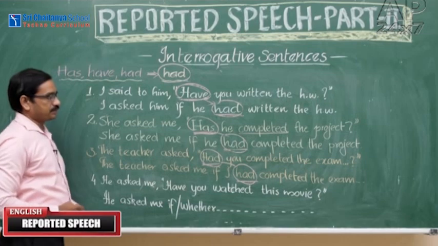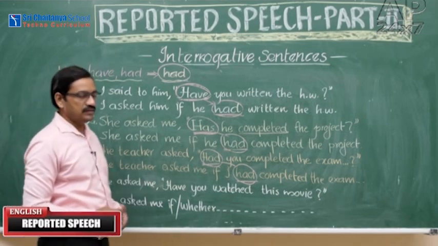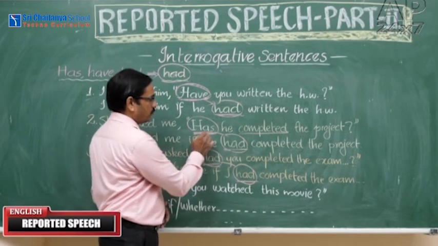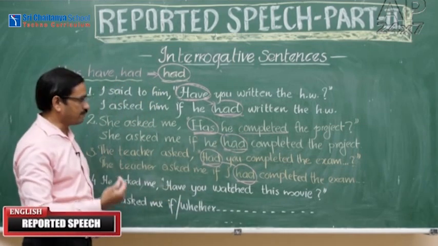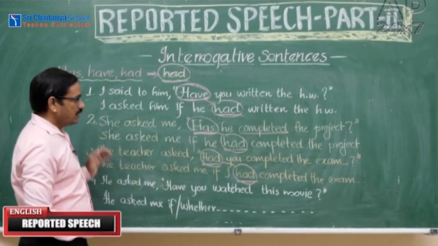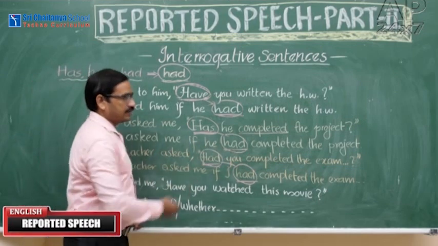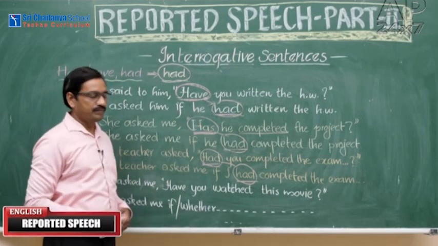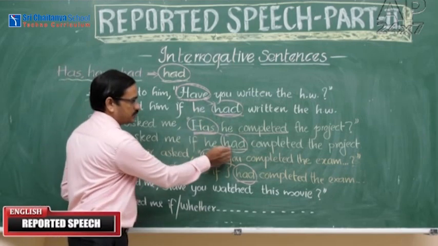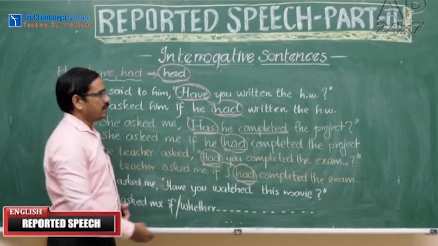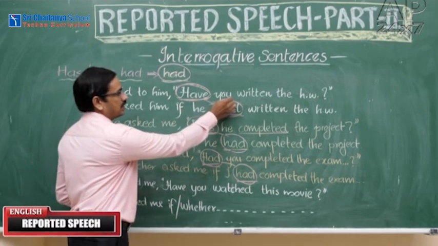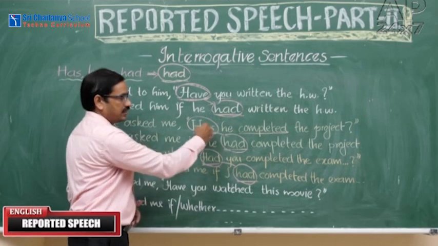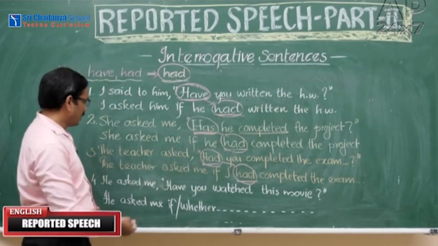She asked me, "Has he completed the project?" Now we are going to change has also into had form. She asked me if he had completed the project. So here you can see have is changed into had. Similarly, has also is changed into had.